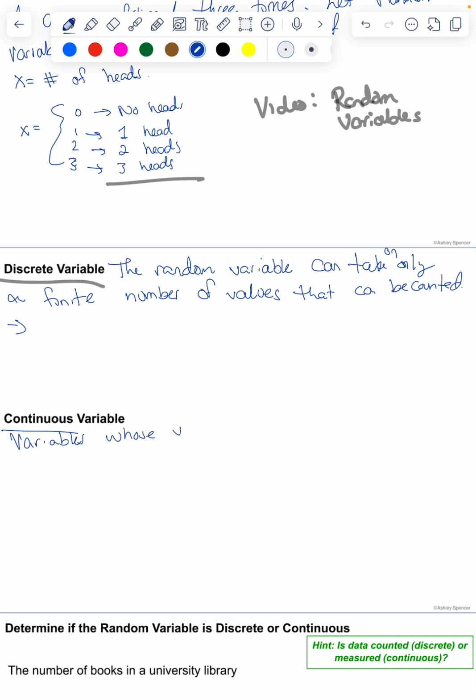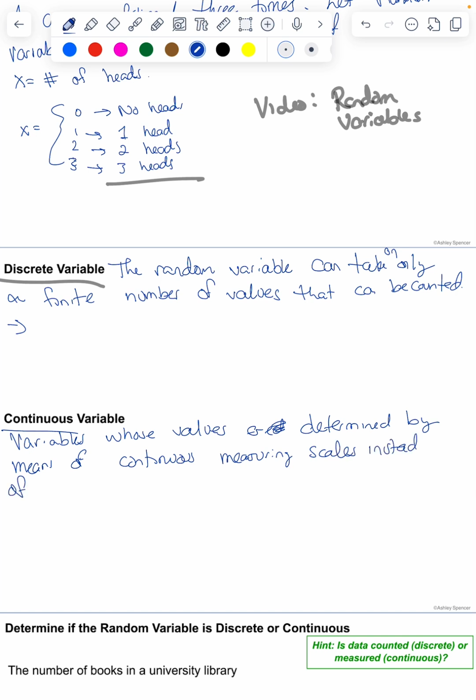We can assume an infinite number of values, which is what makes this different than discrete.